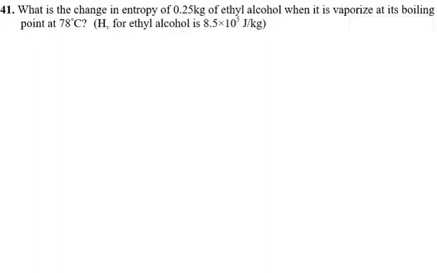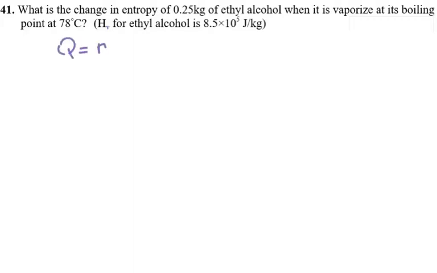What is the change in entropy of 0.25 kilogram of ethyl alcohol when it is vaporized at its boiling point of 78 degrees Celsius, and the latent heat of vaporization is given to be 8.5 times 10 to the 5th joules per kilogram? So I may calculate the heat needed to vaporize this alcohol.